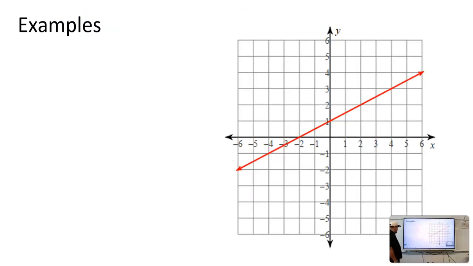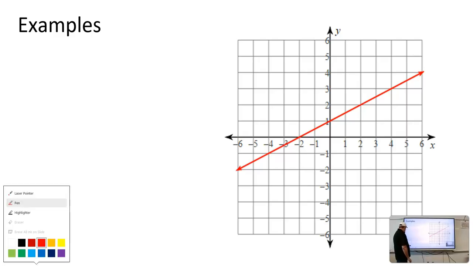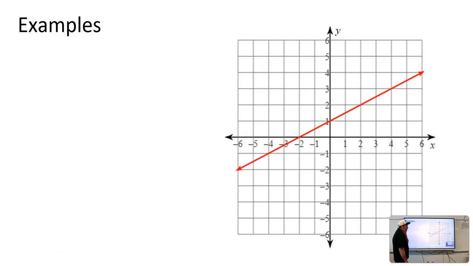All right, so let's take a look at these examples. First off, where is the y-intercept? Well, I can clearly see that I'm crossing the spot right there, so I know that my b is a positive 1. Now to find the slope, we have to figure out another intersection on our graph. Looking along this red line, am I crossing an intersection right here?